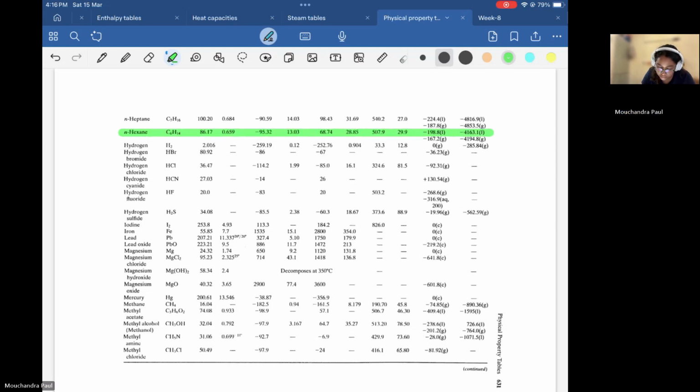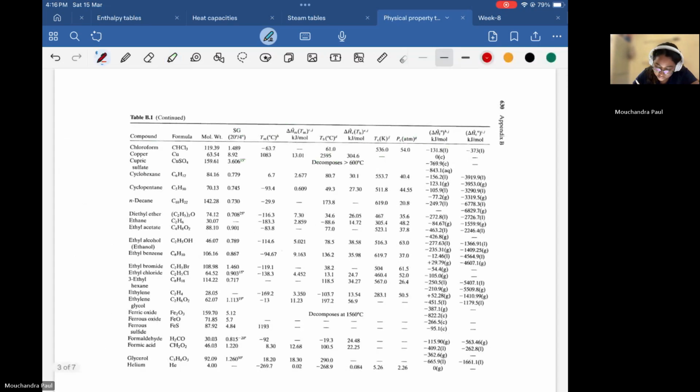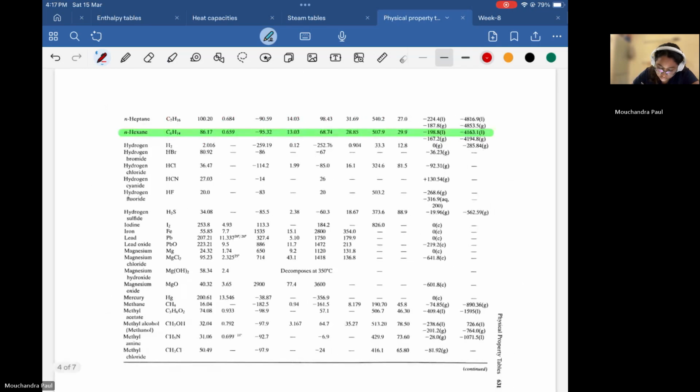So for n-hexane, you'll see this sixth column is for the boiling point.